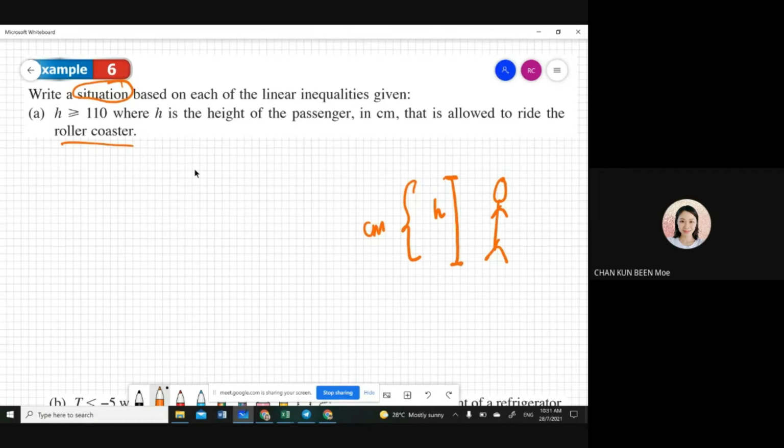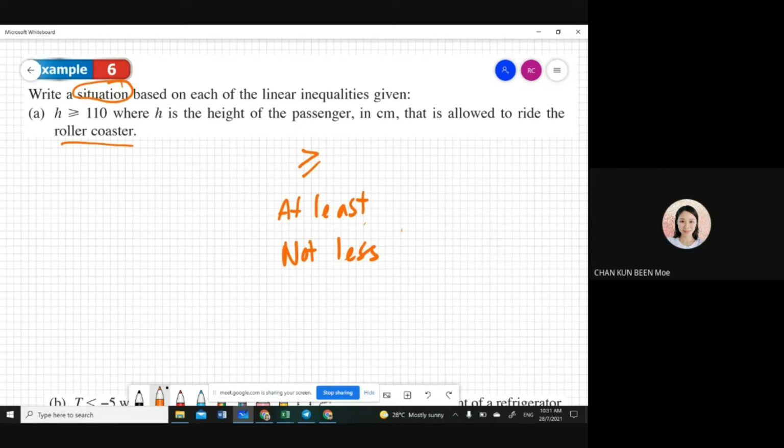Greater than or equal to, you can use at least. You can use not less than. You can use minimum. So you can see here, I repeat, the height of the passenger that is allowed to ride the roller coaster is at least 110 centimeter.